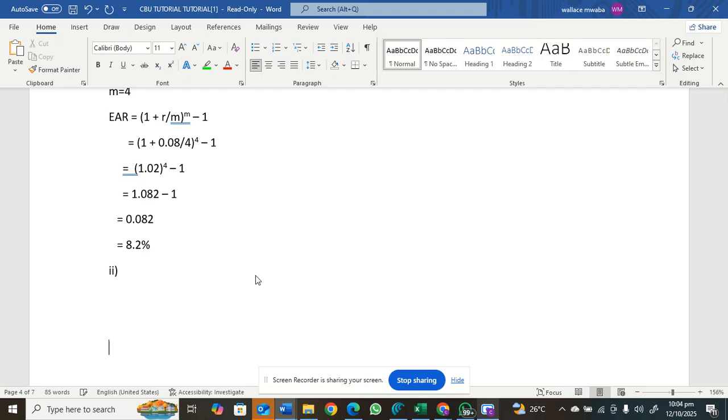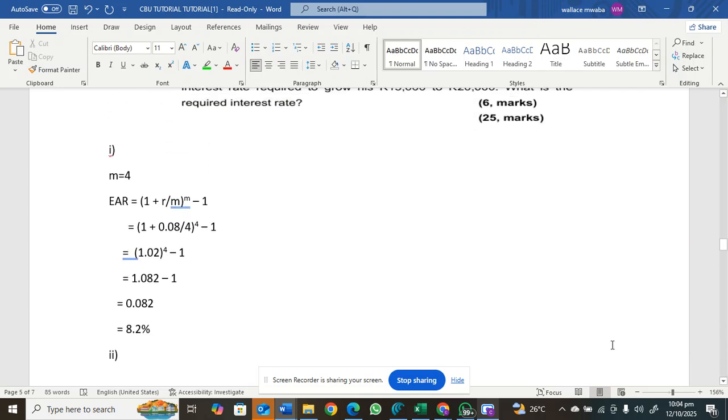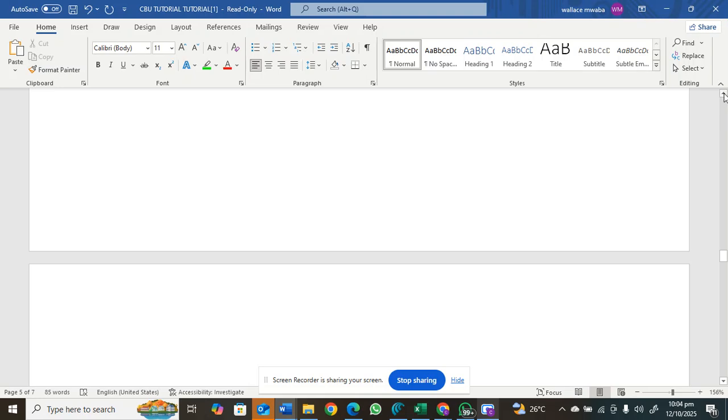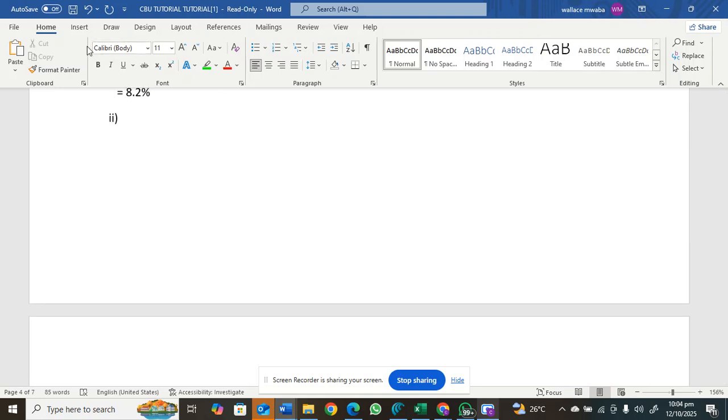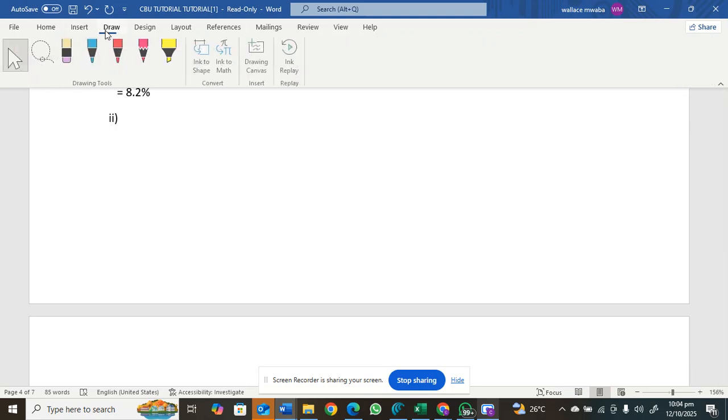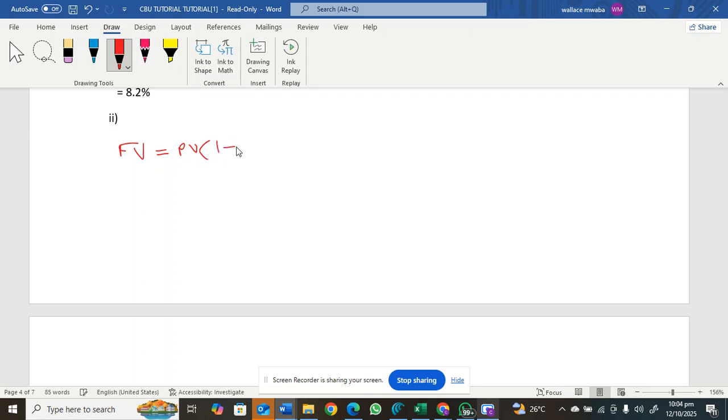So we're going to use this formula here, the future value equals present value times 1 plus r to the power n. So in our question, we already have the future value, we have the present value, we have our rate, but we're trying to find n.